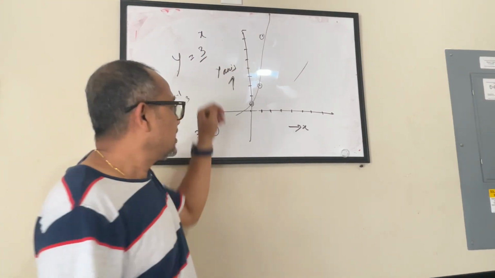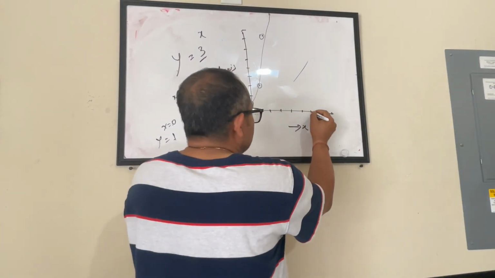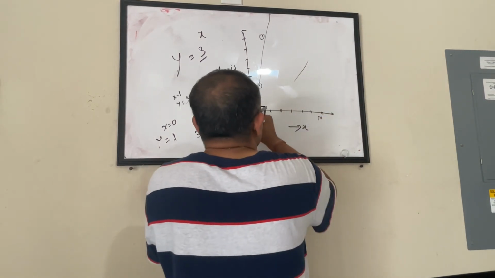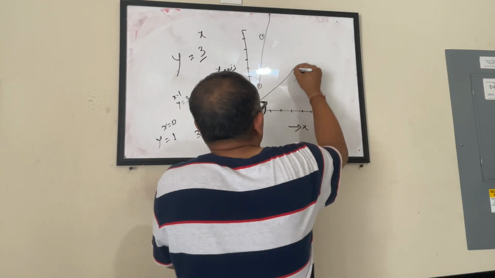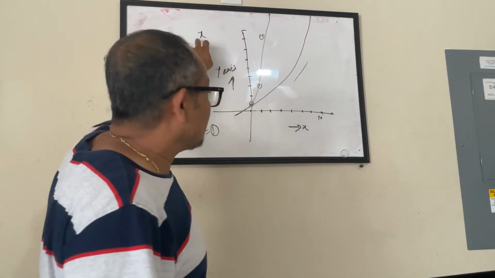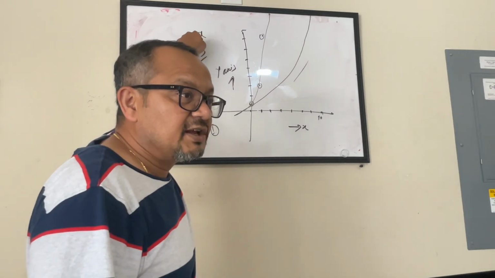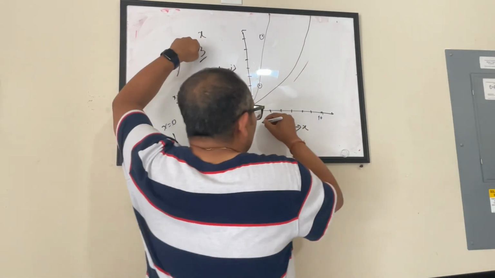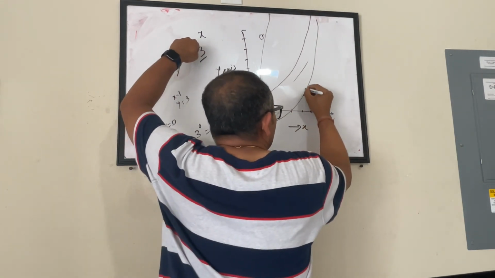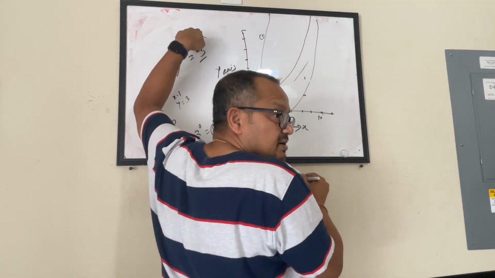Let's say this is 10. So this is a very steep curve. Very soon, when x equals 20 or 30, it almost becomes perpendicular, meaning a very small increase of x leads to a big increase in y.